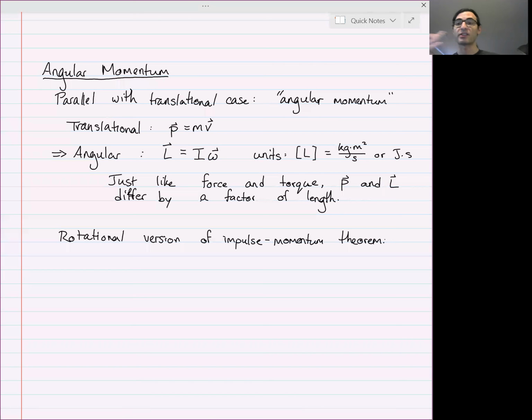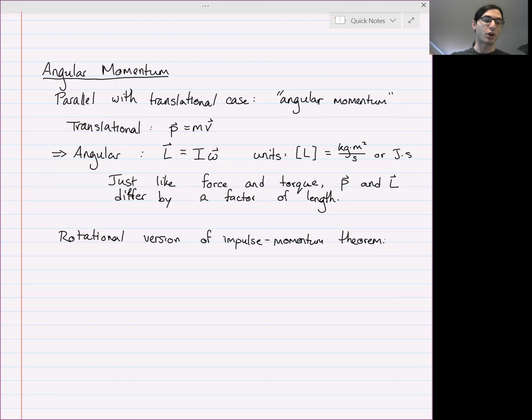So if there are any external impulses, remember impulse is force times a duration. So the impulse that you apply is how much force you apply times how long you apply it for. If there are any external impulses, then translational momentum is not conserved, and it tells you how much translational momentum changes by. Similarly, we expect something similar for rotational motion: you apply a torque for a duration, and that tells you how much the angular momentum changes by.